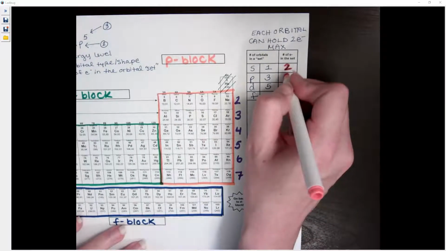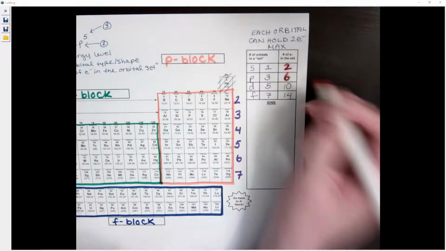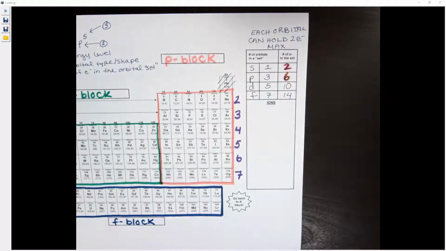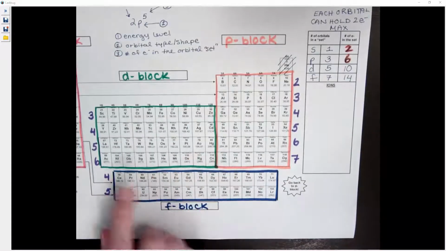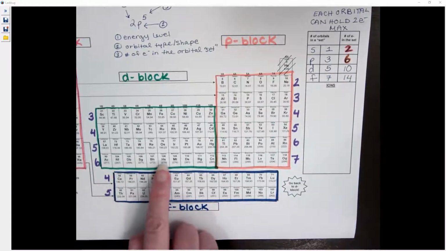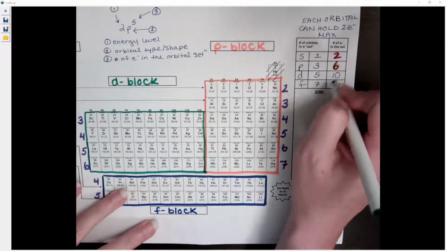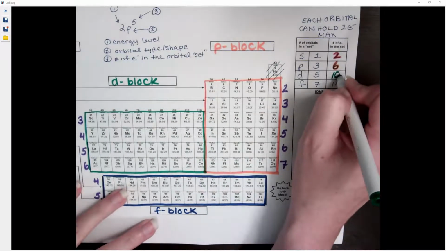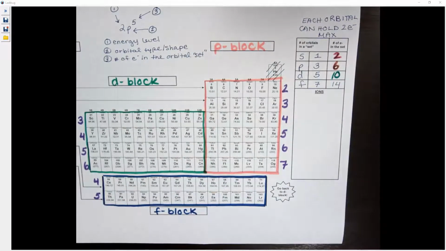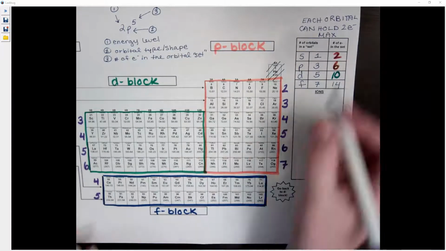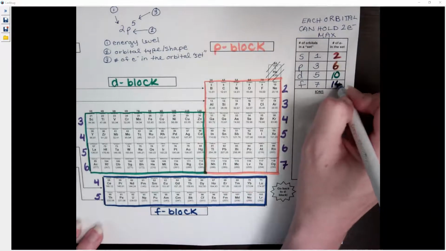Well, that's kind of convenient because I can have 6 electrons. D block. 1, 2, 3, 4, 5, 6, 7, 8, 9, 10. And it can hold a total of 10. So how many do you think are in F block? There are 14 columns down in F block.